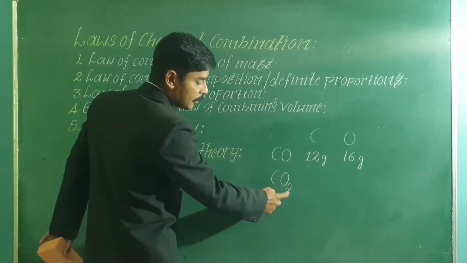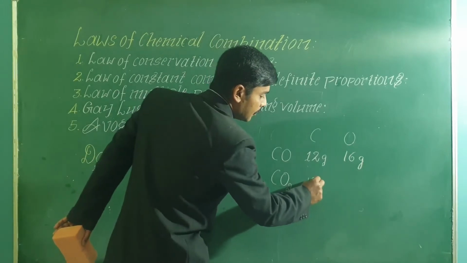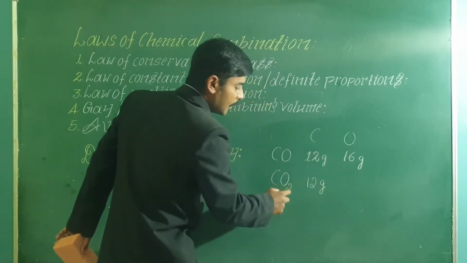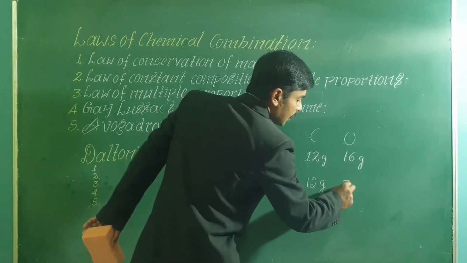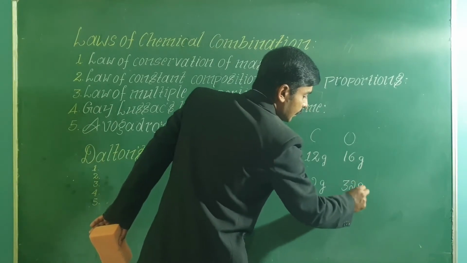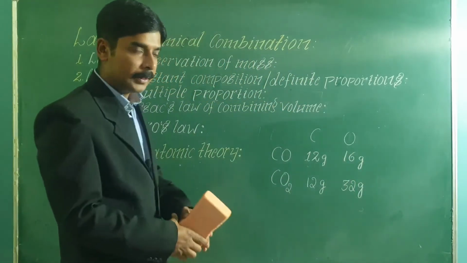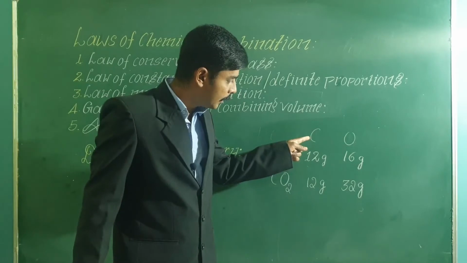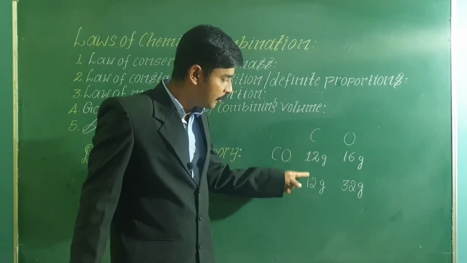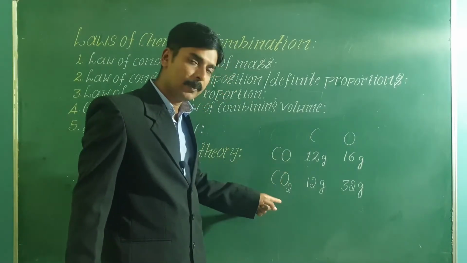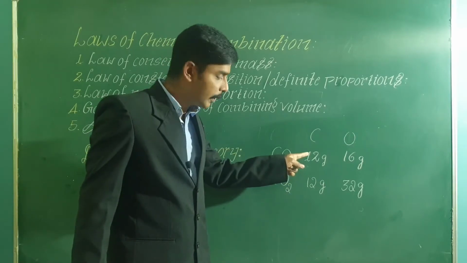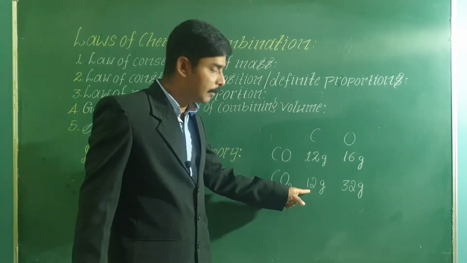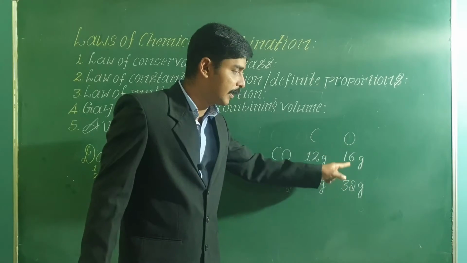In carbon dioxide, we have one carbon atom and two oxygen atoms. Therefore, the mass is 32 gram. Now you see here the mass of carbon is fixed. In both compounds, the mass of carbon is 12 gram. But the mass of oxygen is different.